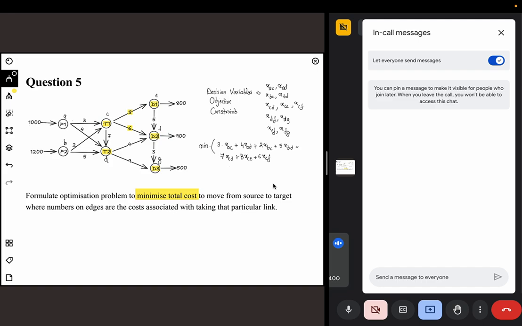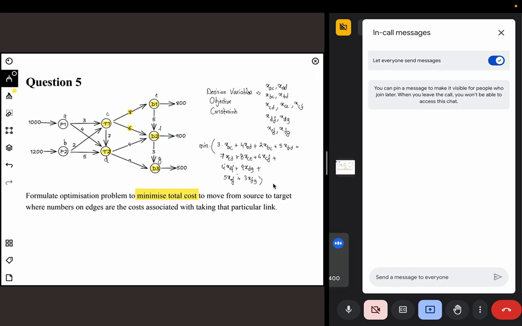What are the other terms that I have? DF is 4 times XDF, DG is 9, EF is 5. So this is my entire objective function.